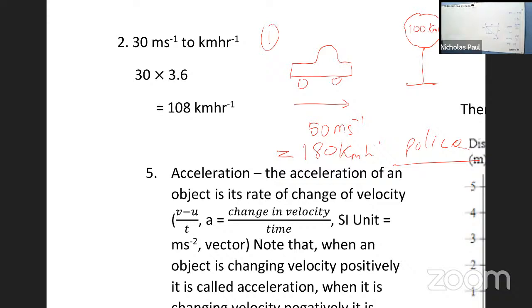Right? Ticket, because it's more than the limit, right? No, I mean to break the speed limit. Don't go so fast, right?